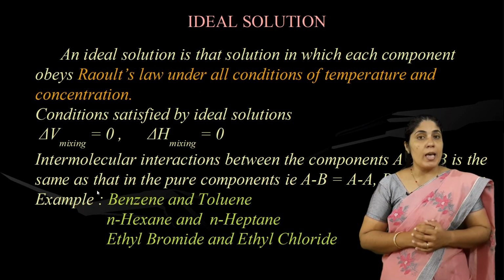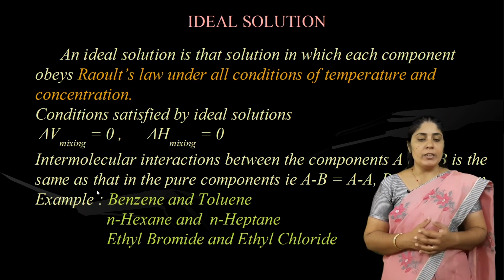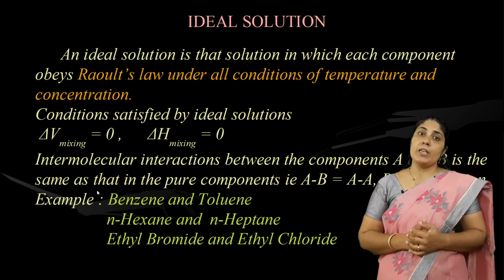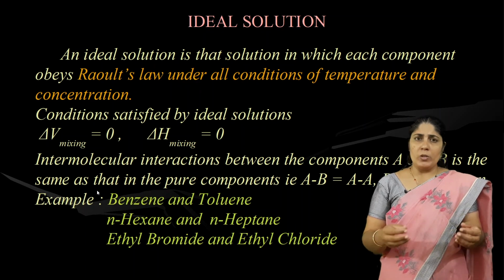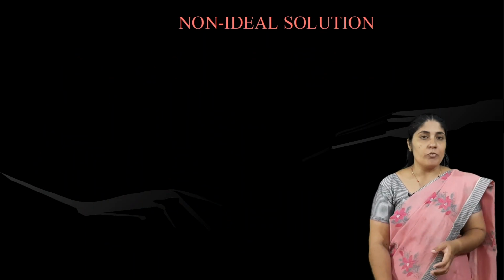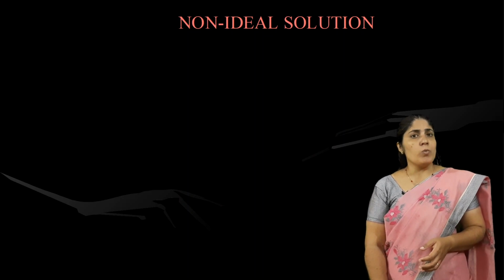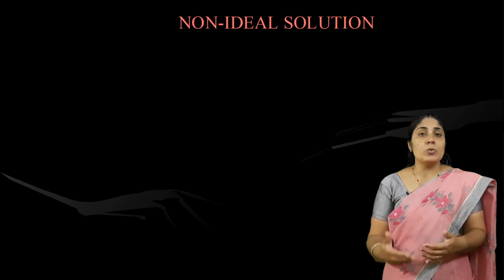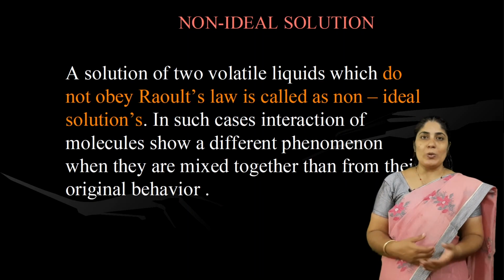Now, a few examples of such solutions are benzene and toluene, n-hexane and n-heptane, ethyl bromide and ethyl chloride. These are only a few examples mentioned here. We have got more than these. Now, let's talk about what is a non-ideal solution. Of course, it's easy to say that a non-ideal solution is one which does not obey Raoult's law.